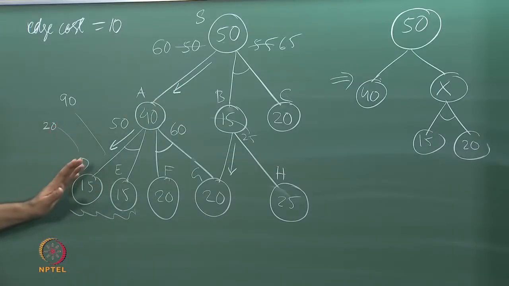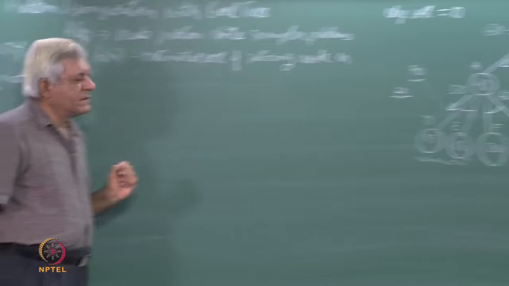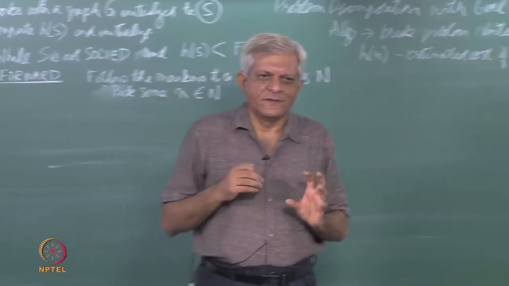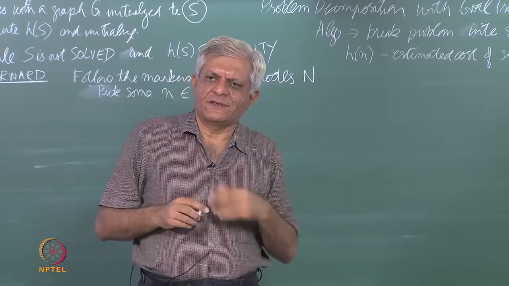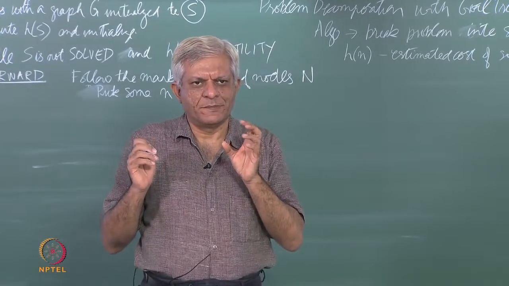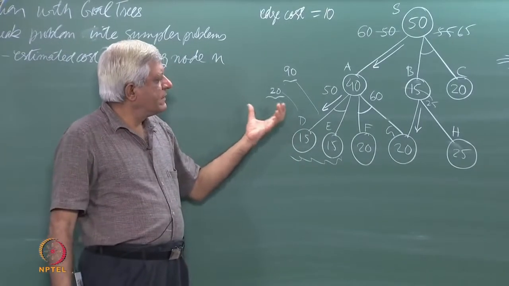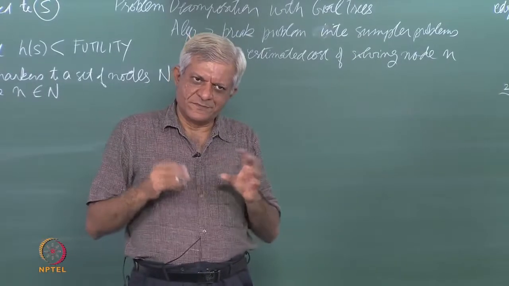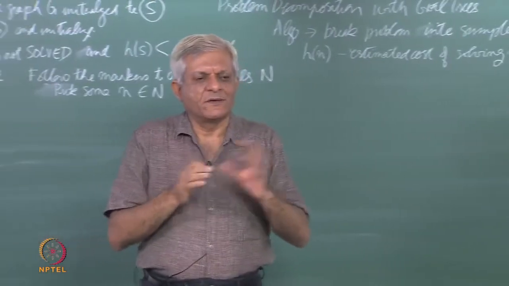That is one perspective, but supposing these are the values 20 and 90, is there some other reason for trying to solve one of them? You can think of this as, if you are solving a CNF kind of a formula, then you are exploring a formula with sub formulas, let us say F1 and F2, and you have to solve both.